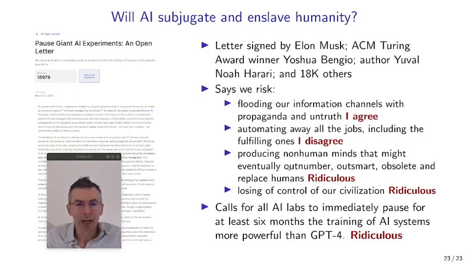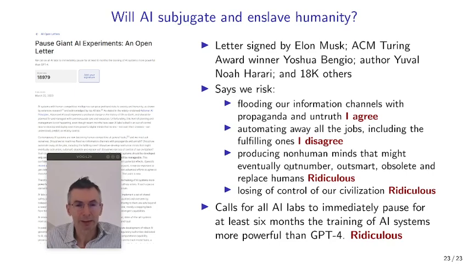But above all, there's also something kind of stupid about the idea that you could call on AI labs to do that. I mean, do you think that AI labs in China and Russia and North Korea will respond to this call? That's just not how the world works. I just think that it's the wrong sort of thing.